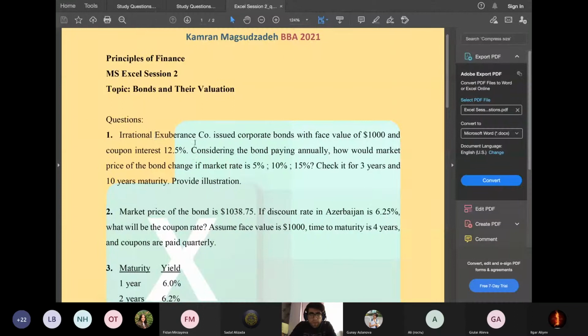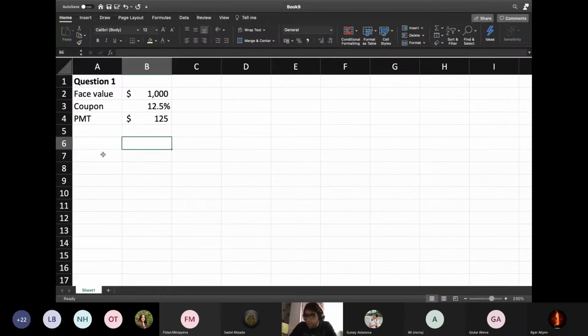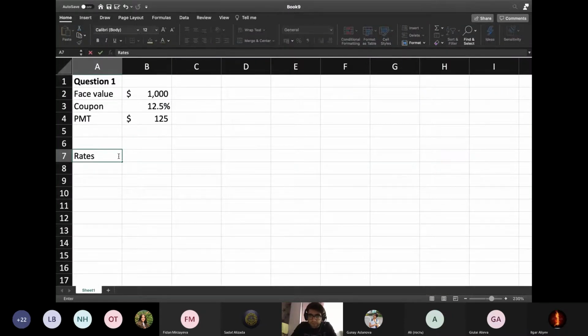So we are done with the givens, and it asks how the market price of the bond would change if the market rate is 5%, 10%, 15%. Check for 3 years and 10 years maturity. Let me write down the rates here: 5%, 10%, and 15%.